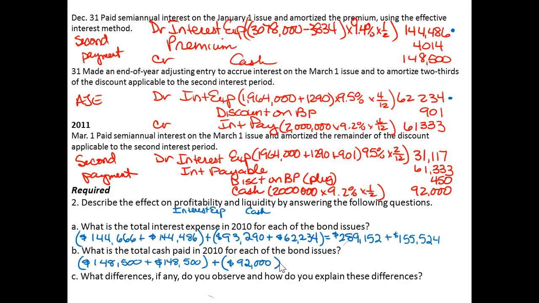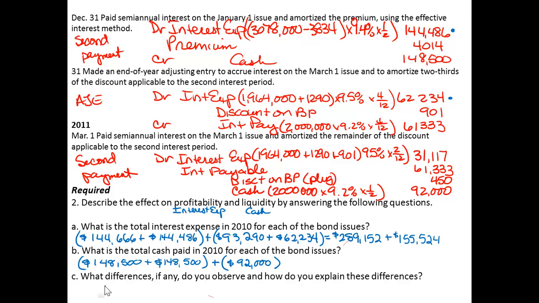So what differences do you observe, and how do you explain the differences? If you're at a premium, you'll notice that if a bond is issued at a premium, the interest expense will be less than the interest paid.